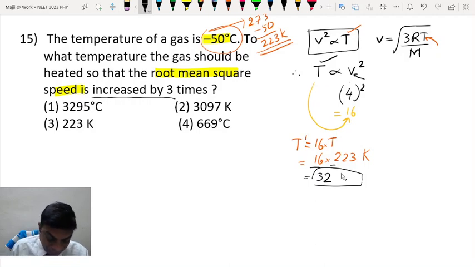So the only possibility is this. These two cannot be the answer. And since in Kelvin itself the temperature is going beyond 3200, it cannot be less than that. So this option is also gone. So this way the correct option is 3295 degree Celsius.